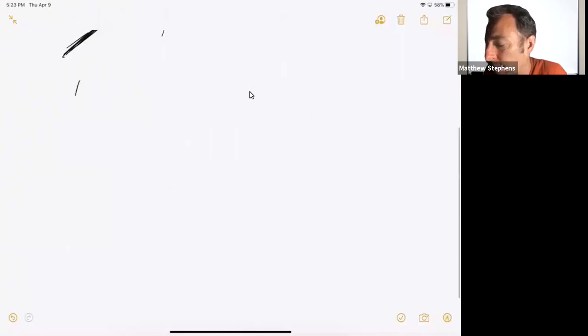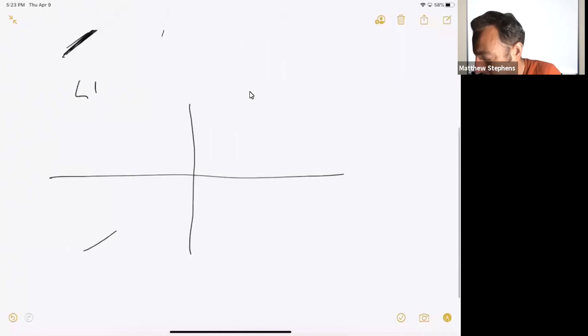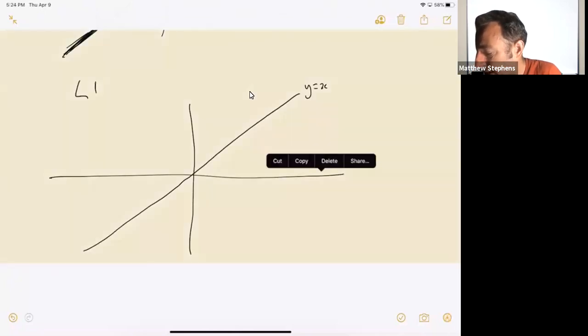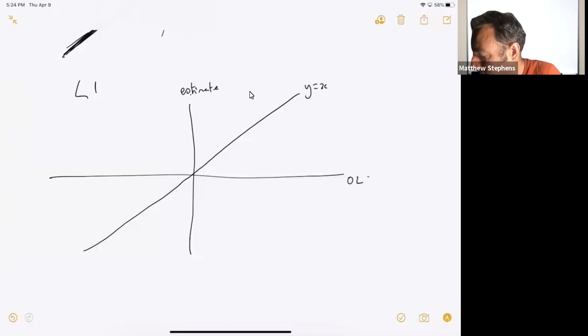If we go on to the L1 penalty, same again, maybe I'll try and get through the origin a bit better here. So y equals x. So y here is the shrunk estimate or the penalized estimate. And this is the ordinary least squares estimate.